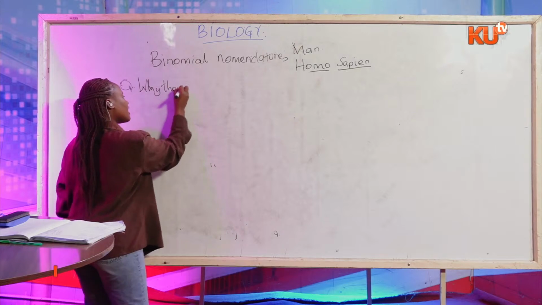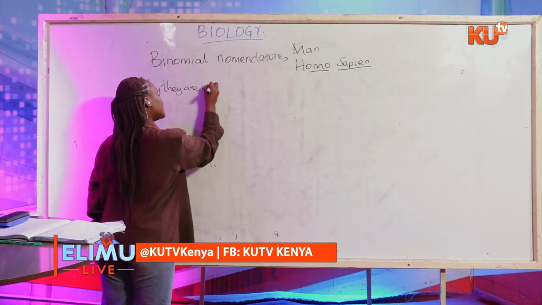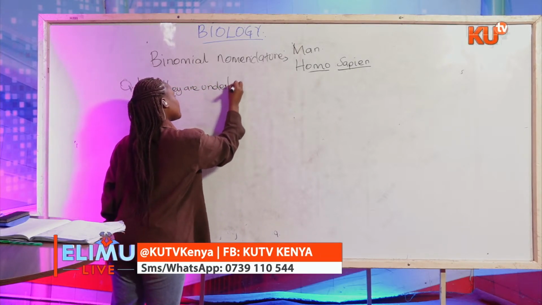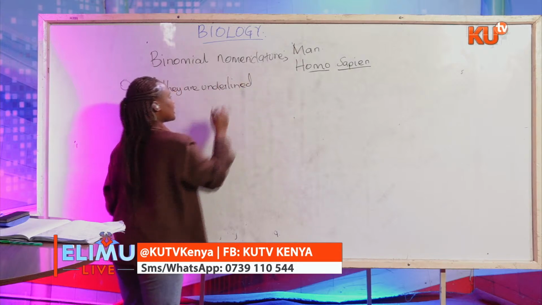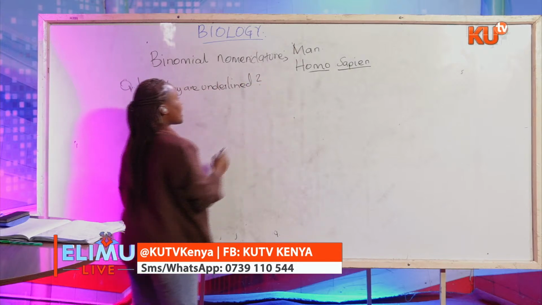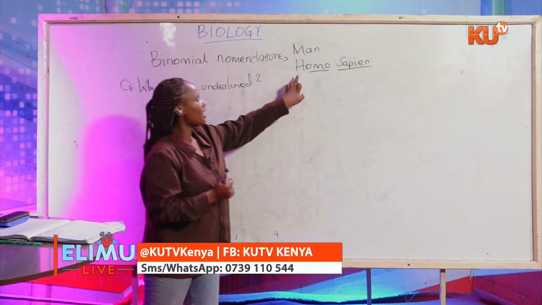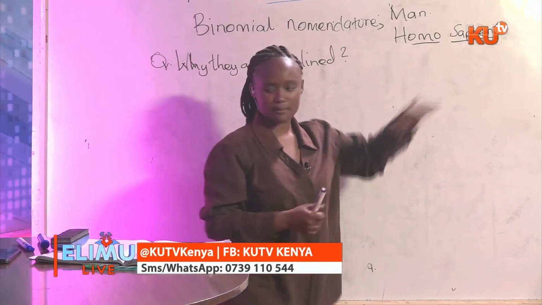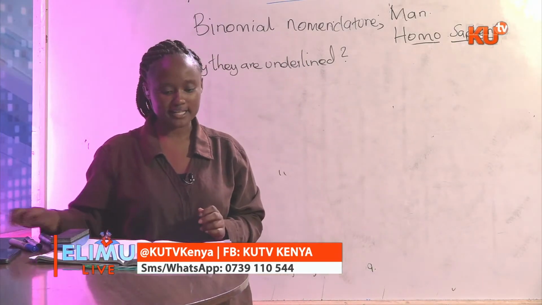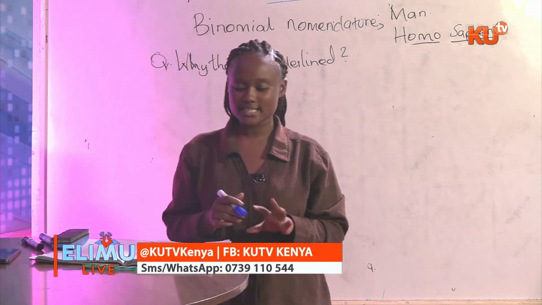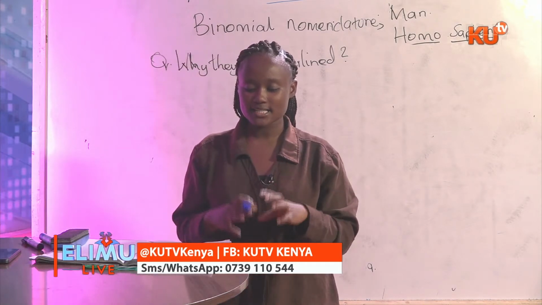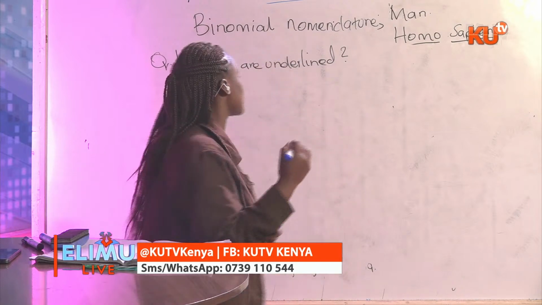So I have underlined here Homo and sapien. The reason for underlining is that it helps scientists recognize that they are scientific names.